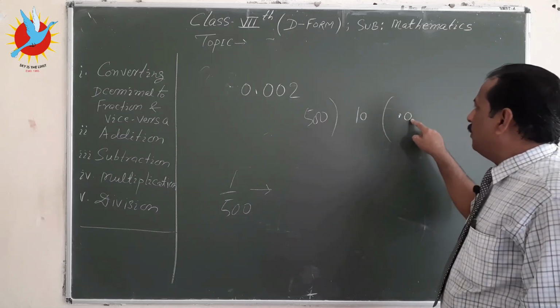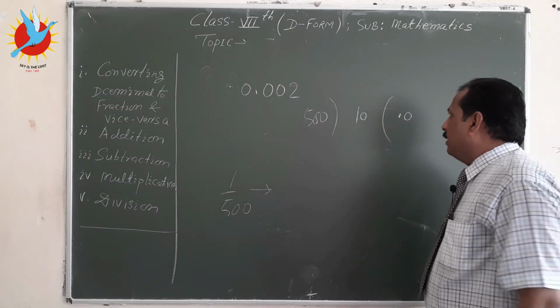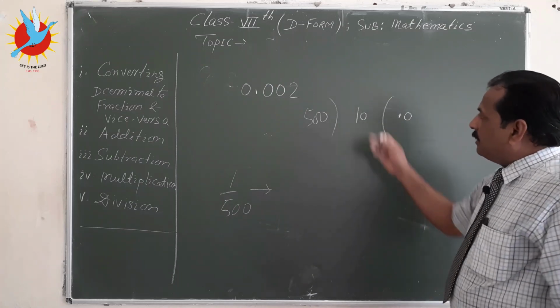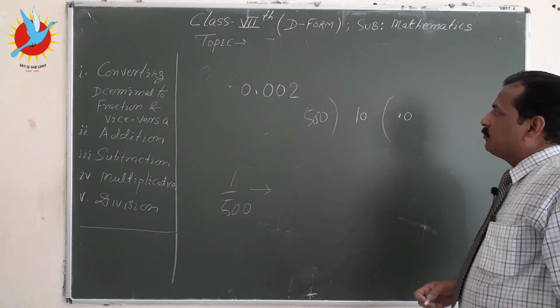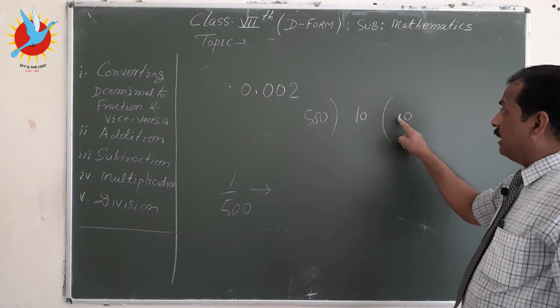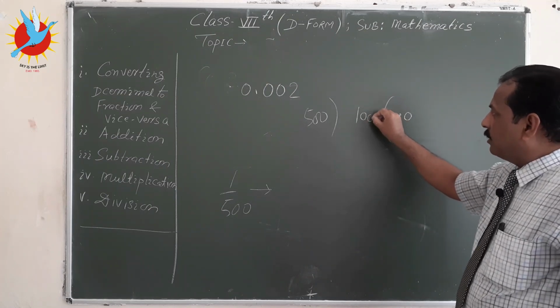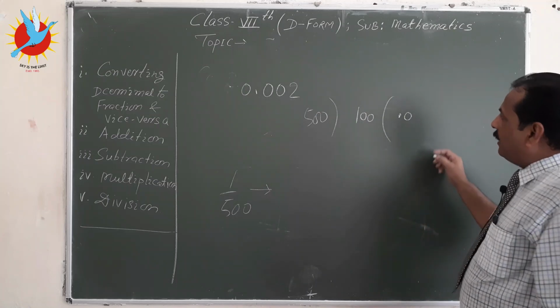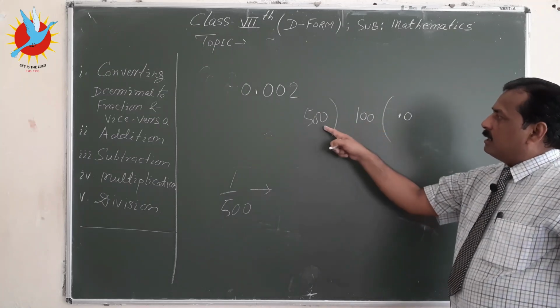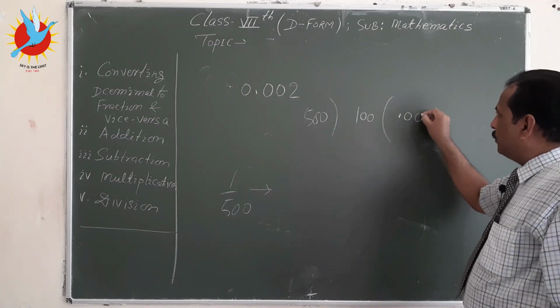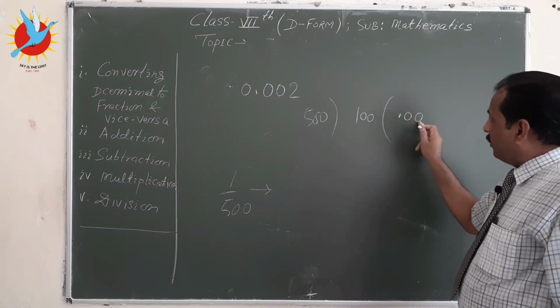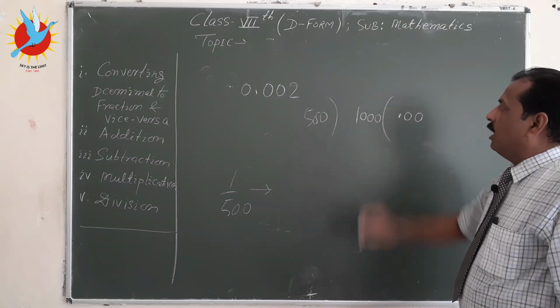Now this 10 is again less, so because of decimal we got 10, because of this 0 we got this 0, and this 100 is still less than 500, so we need to put another 0, and because of this we shall be getting 1 0.